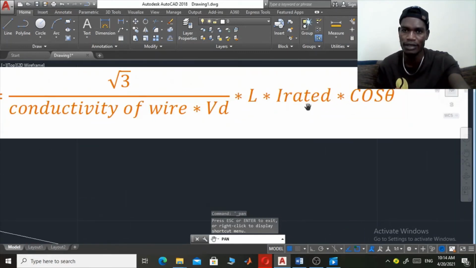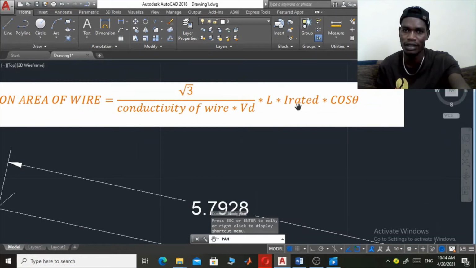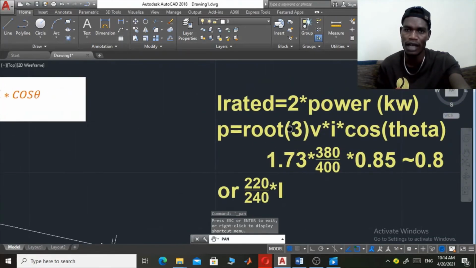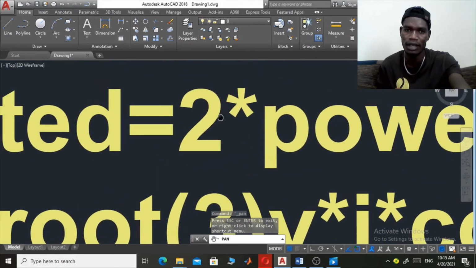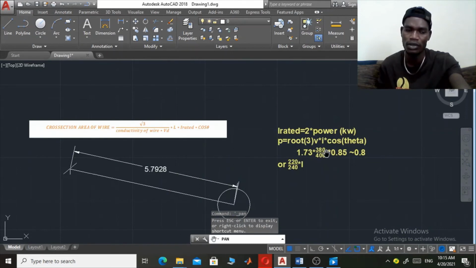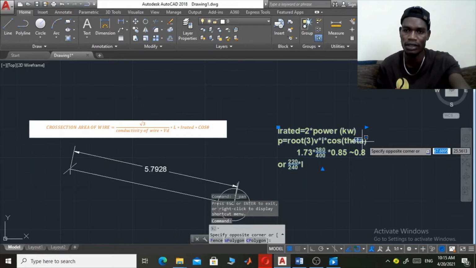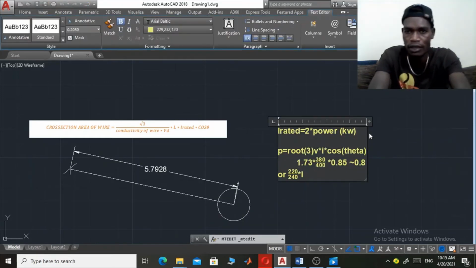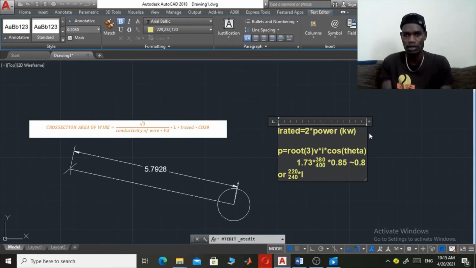What about Irated? Irated is a very important thing, the second important thing you have to know in your life. Irated is nothing but 2 times the power in kilowatts. So first of all, you have to convert your own load distribution system into kilowatts or kilovolt amperes.